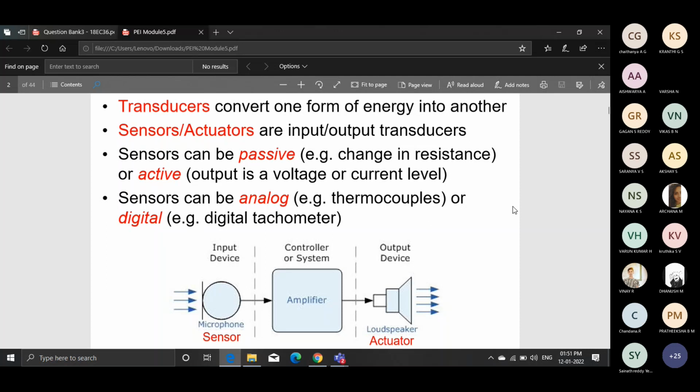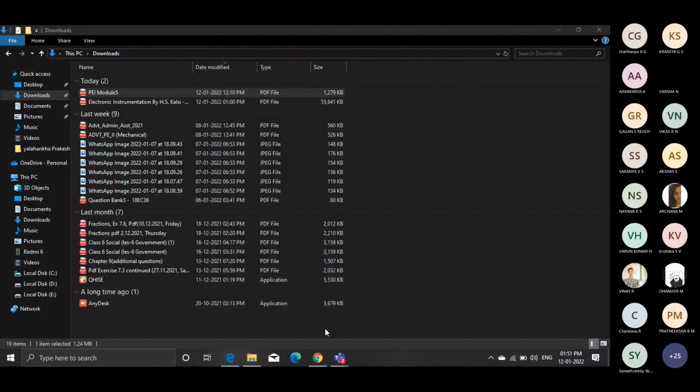It can be analog or it can be digital. What do you mean by a passive device? A passive device, for example, changes resistance. It can be an active device where the output is a voltage or current level. If we want to measure the voltage or the current, we are going to use an active sensor. Similarly, when you want to change the resistance, you can go for the passive device.